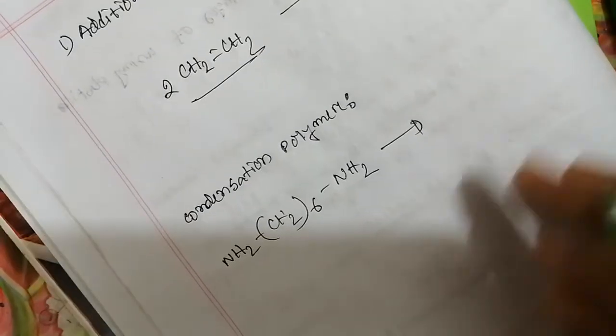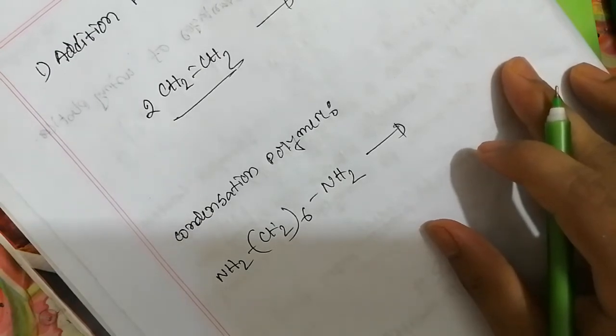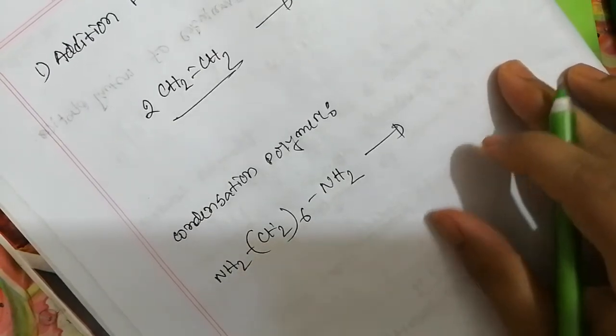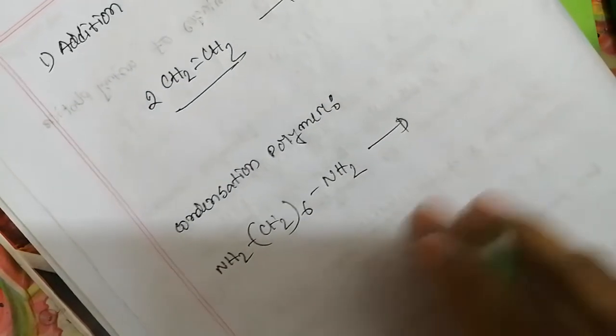First I write the formula of the monomers, then we discuss the reaction of condensation polymerization, or the production of nylon 6,6.